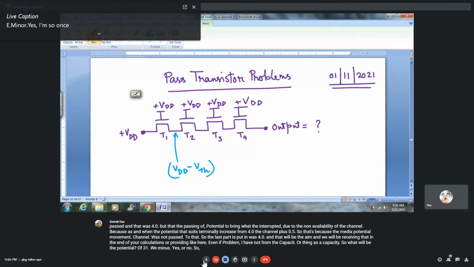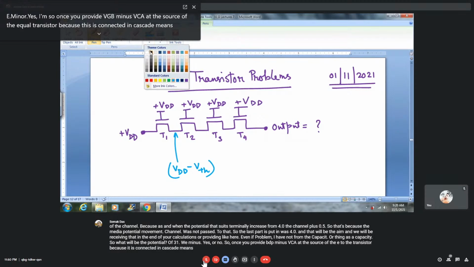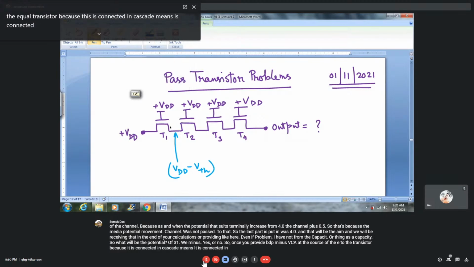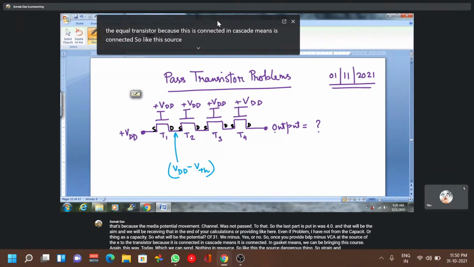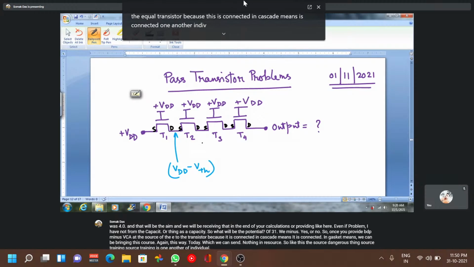So once you provide VDD minus VTH at the source of the T2 transistor, because they are connected in cascade, it means this drain and this source, again this drain and this source, again this drain and that source. Like this, source drain, source drain, source drain, and source drain of individual transistors are connected with one another.